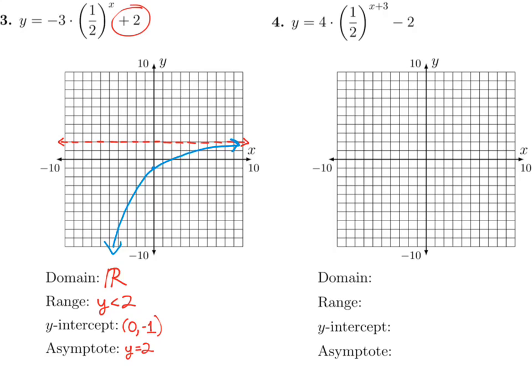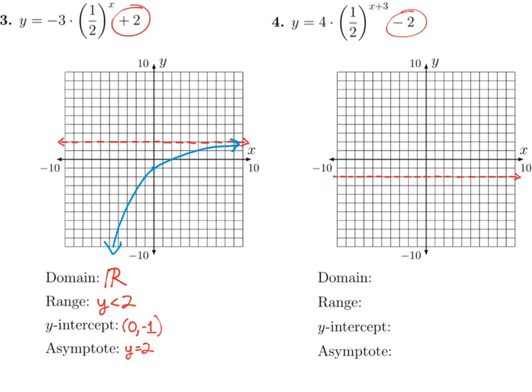Now go ahead and try number 4 on your own. Again, I will wait a few seconds for you to pause the video so you can try it yourself first. Okay, let's see what we have. This time, the equation ends in -2, so our asymptote is at -2.